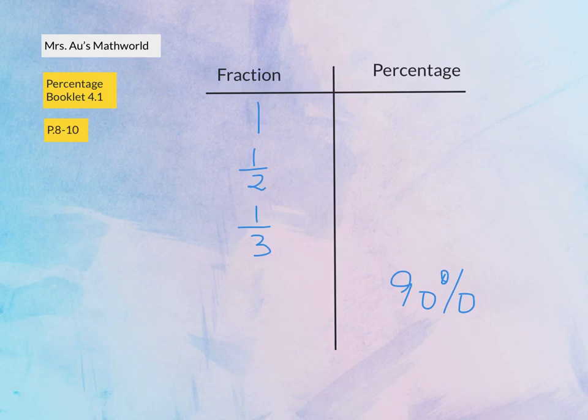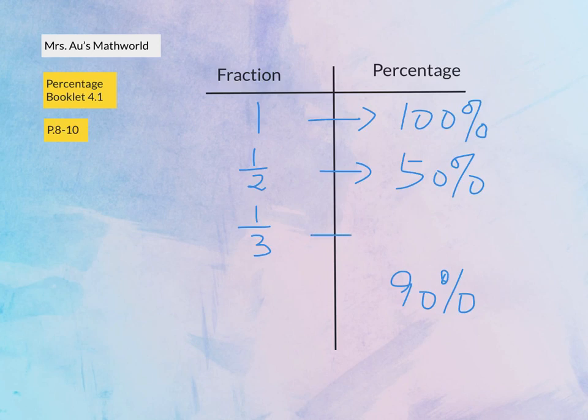For example, 1 means 100%. Half means 50%. 1/3 is 33 and 1/3%. You may take the steps to calculate yourself. And if it's 90%, that means it is 9/10 or 0.9.